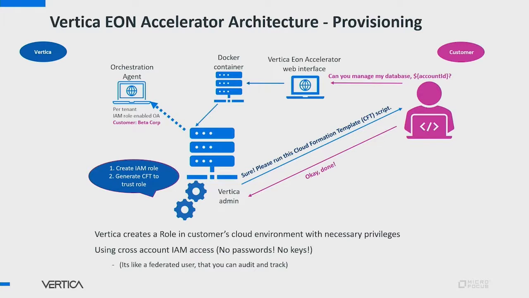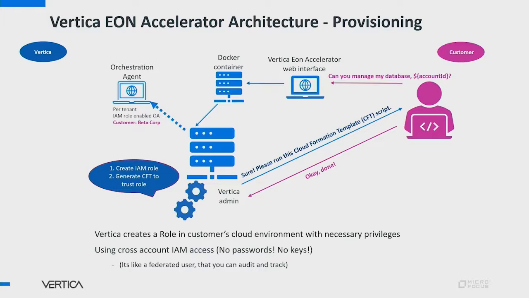What the script does is it creates a corresponding user in your AWS account, and creates a one-way trust between a user in the Vertica account and the customer's account. This is very similar to a federated access or Kerberos or SAML access that you are familiar with, no passwords or keys are involved.